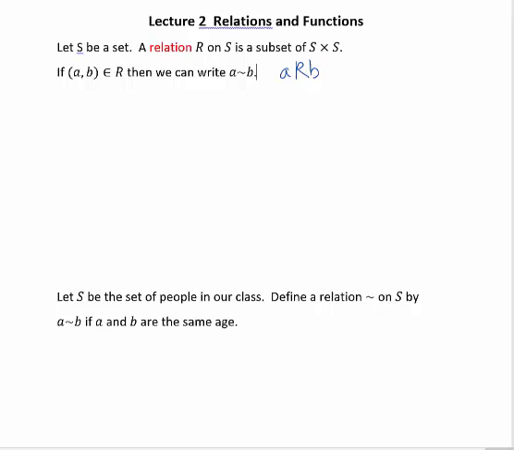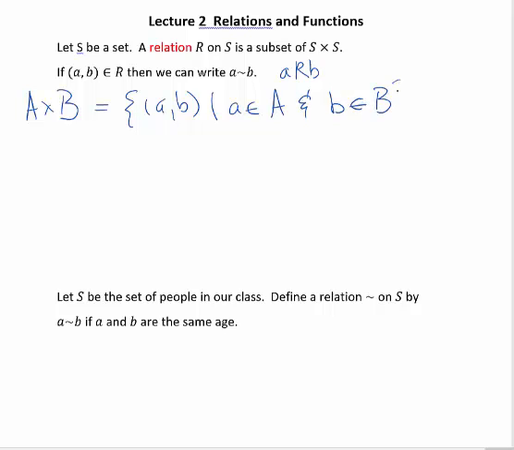So let's review what we mean by a Cartesian product. If A and B are two sets, the Cartesian product of A and B is the set of all ordered pairs (a, b), such that the first element of the ordered pair comes from A, and the second coordinate comes from B. So let me give you an example.